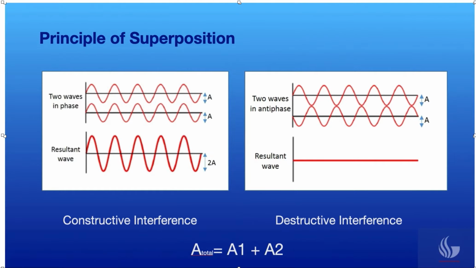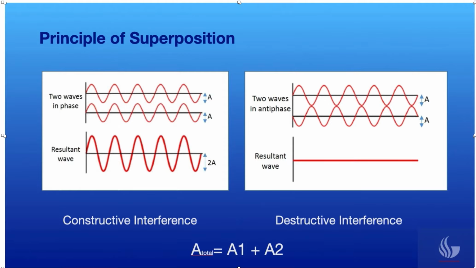Introducing the concept of the principle of superposition. We were talking about a single wave in a string, but what happens when two waves combine? When two waves combine, the resultant wave has an amplitude which is the combination of the amplitudes of the individual waves. This is the principle of superposition.